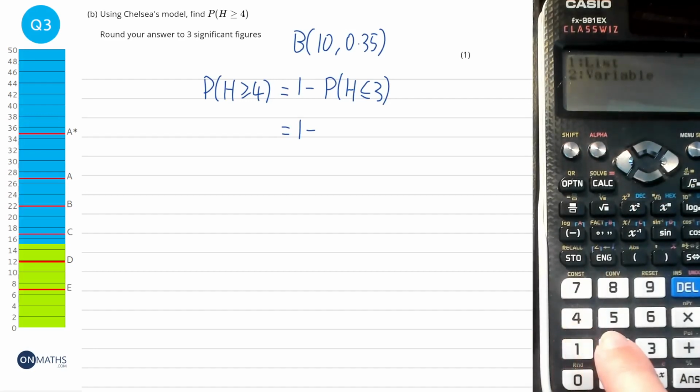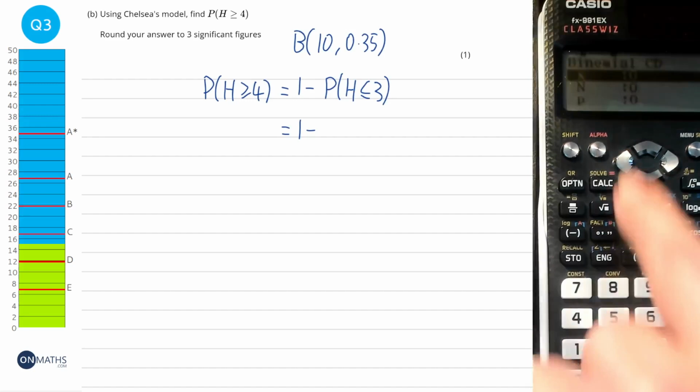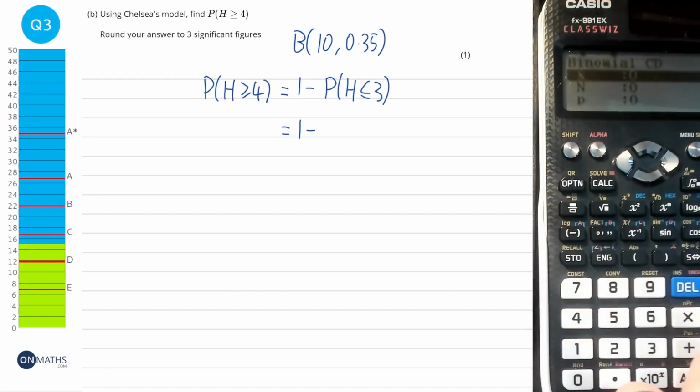We want to do variable, so number 2. So these are the 3 numbers we need to input. The first number is this part here, the 3, and then press equals. The n is the first number in the brackets, so 10 equals, and then obviously the probability at the bottom, 0.35. And then equals, and then when we're ready for the answer, we just press equals again.